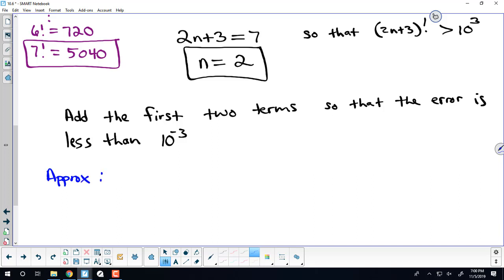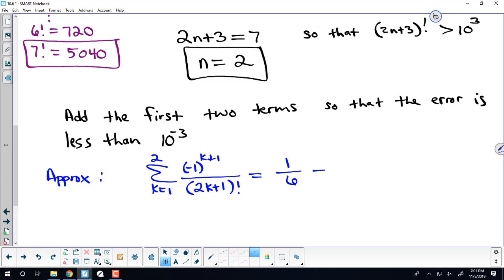So again, we'll look at it numerically just to verify the approximation, so that our error is less than 10 to the negative 3. We would just go from 1 to 2 on that series. The first term would be positive 1 over 3 factorial, 1/6.